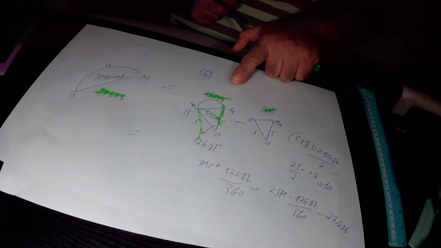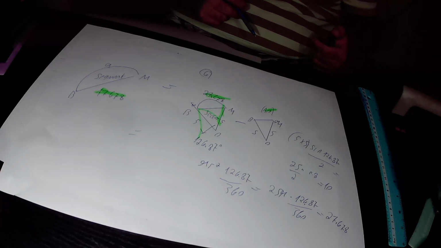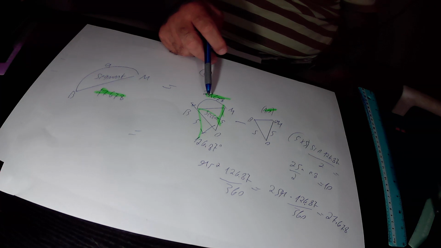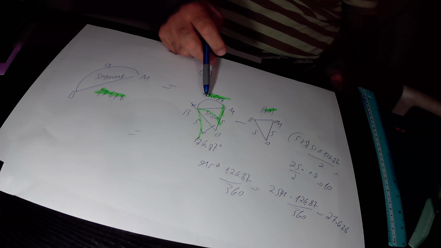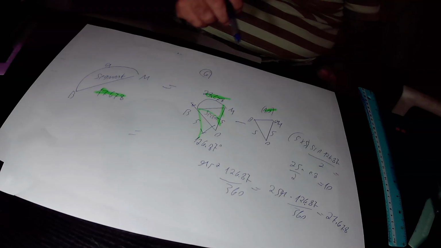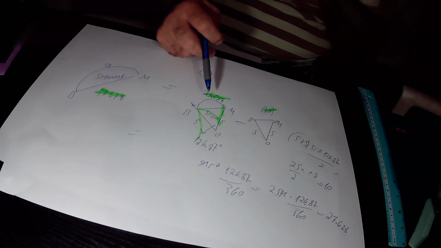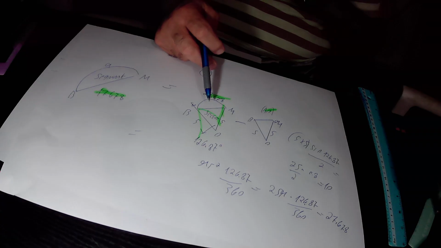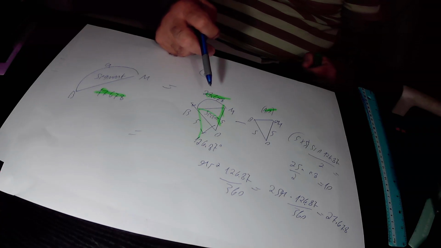So the area of sector BMO equals the area of the circle that contains the sector, that is actually pi r squared. R is 5, therefore r squared is 5 squared, that is 25. So in total pi r squared is 25 pi times the angle between the legs of the sector.